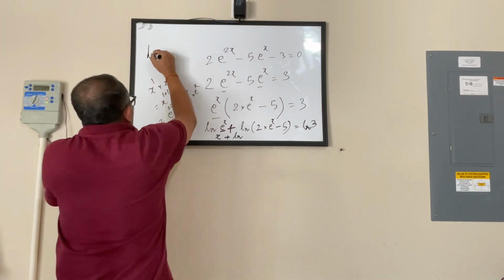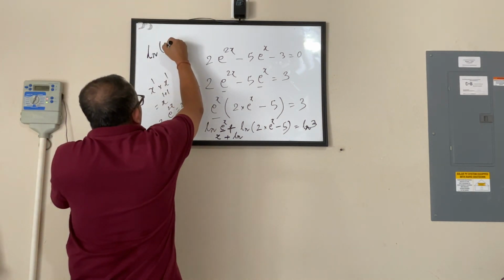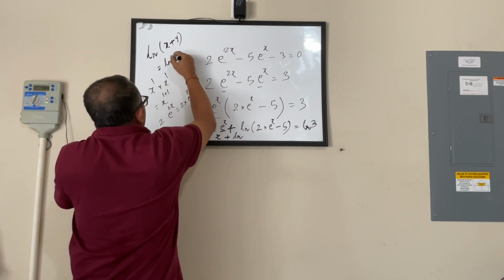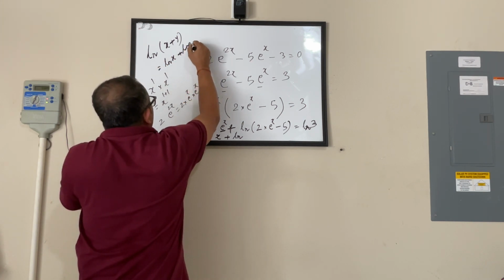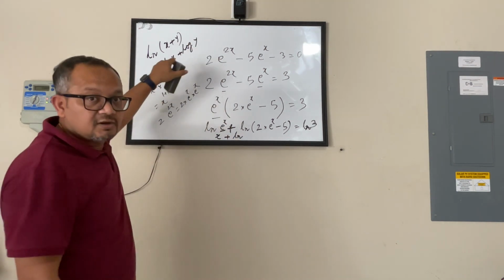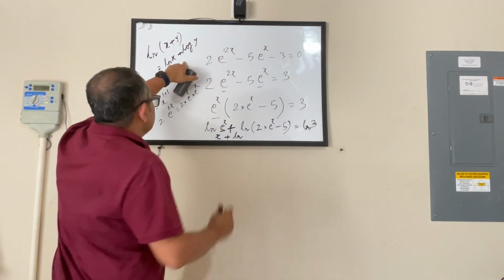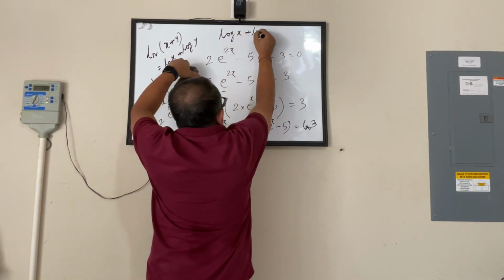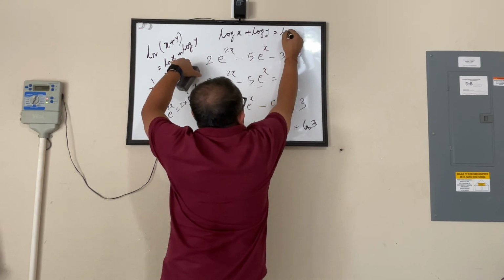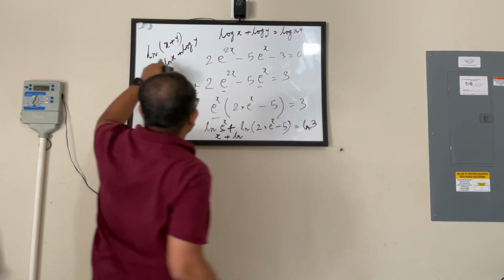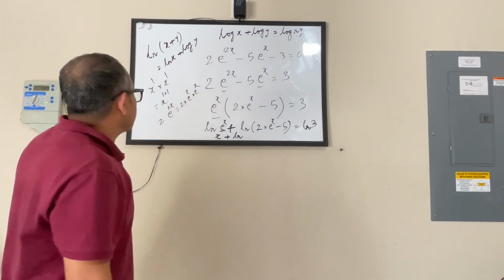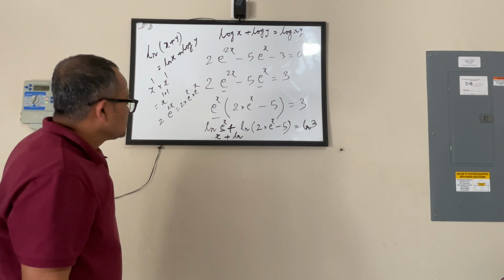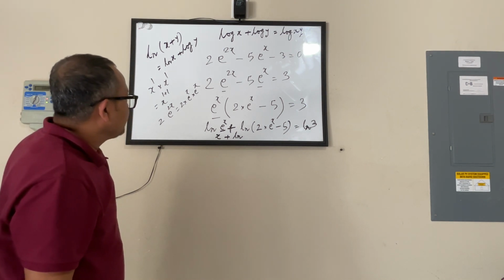If I apply a log of x plus y, can I say this will be log of x plus log of y? No, right? This will be wrong. Because this formula says log x plus log y becomes log xy. So I cannot just split this like this. This is not correct. So how I can simplify this is what I'm thinking.